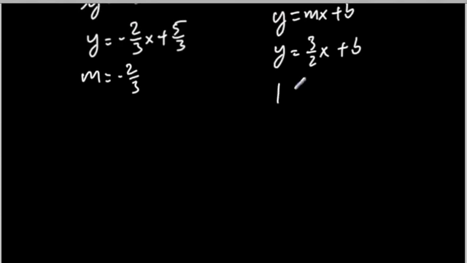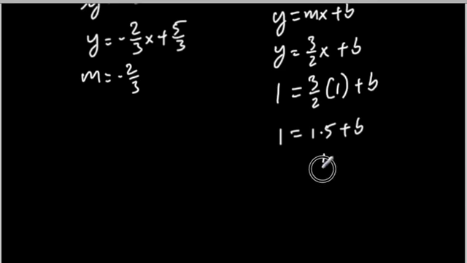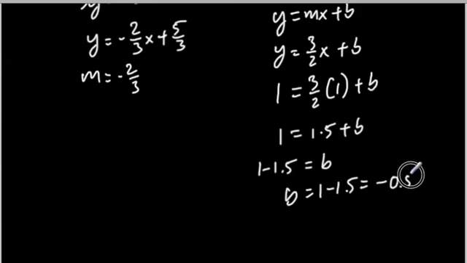It goes through the point (1, 1), so now we can just substitute and solve for b. So 1 equals 3 over 2 times 1 plus b. So 1 equals, 3 over 2 is 1.5, and 1.5 times 1 is simply 1.5, plus b. So b is equal to 1 minus 1.5, which is equal to negative 0.5.